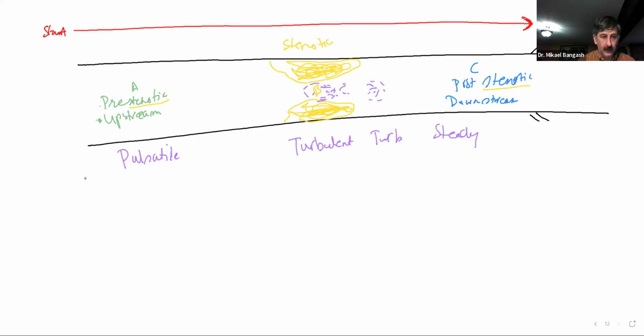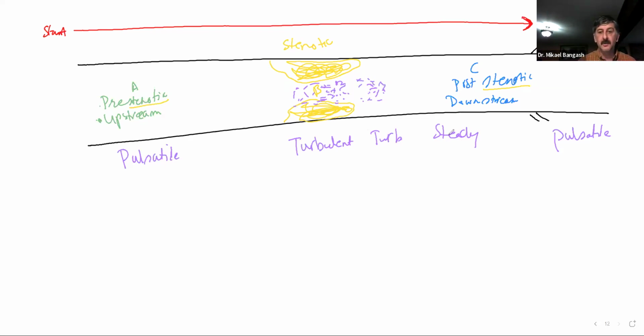After which it will regain and become pulsatile.